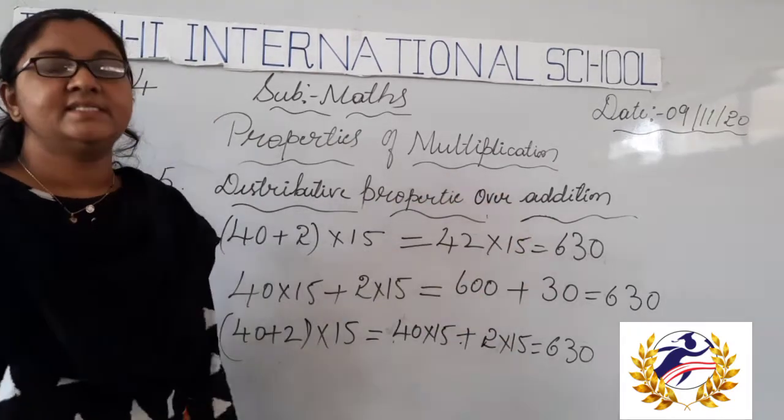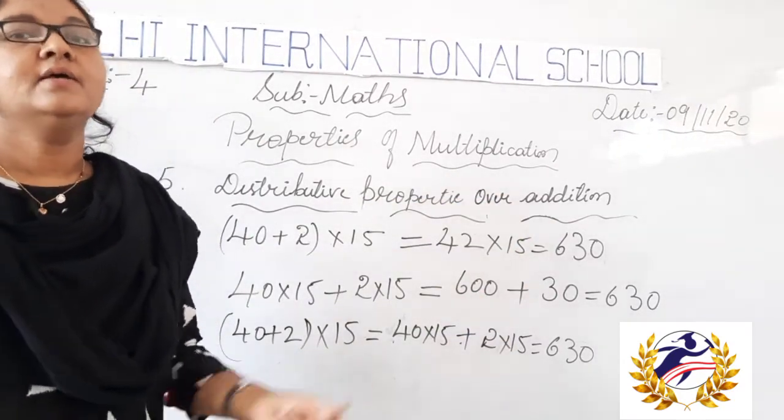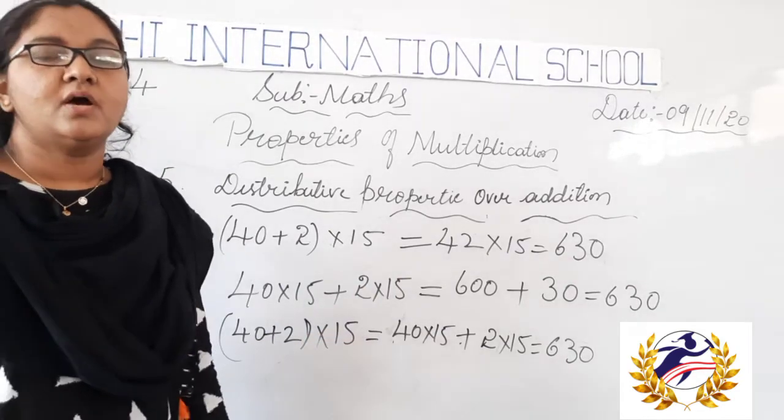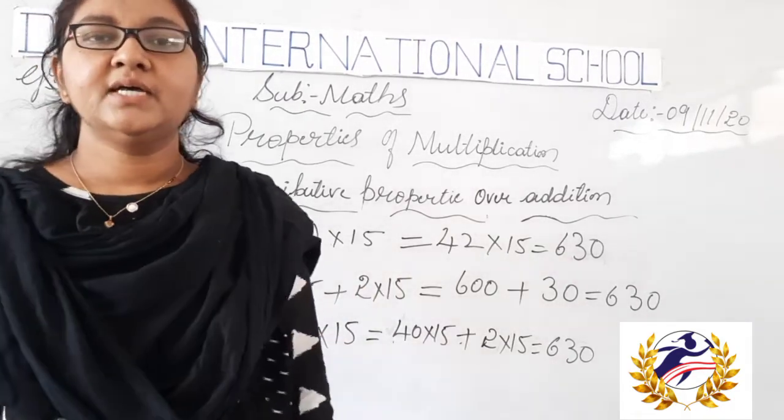All the products will be the same. If we distribute in any manner, the answer will be the same. Now let us take a few examples and work on the activity.